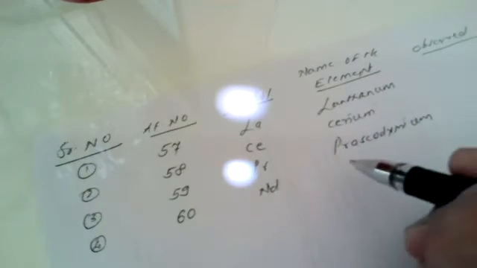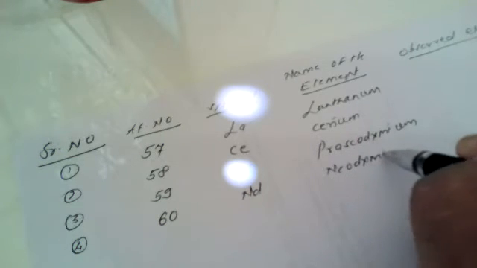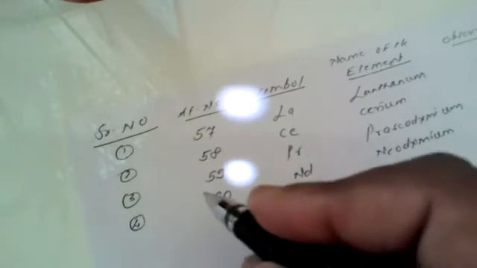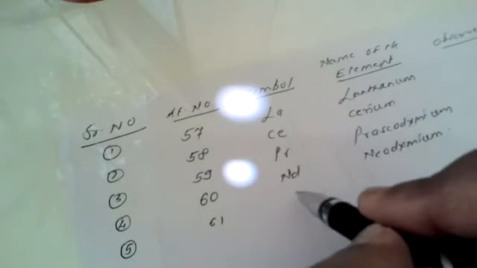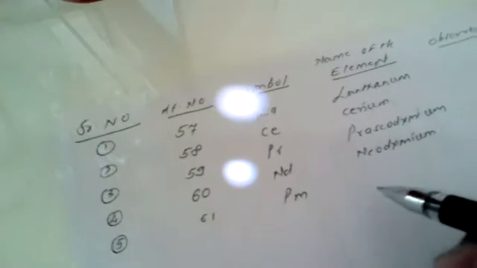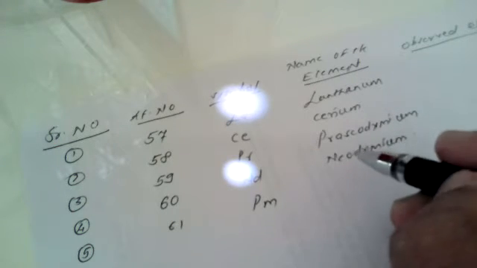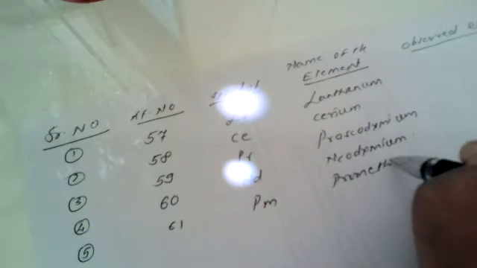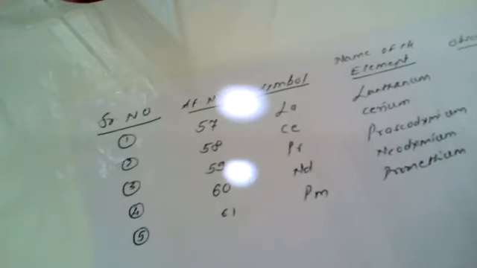Symbol is Nd. Name of the element is neodymium. Then the fifth member, atomic number 61. Symbol is Pm, P capital, M small. Name of the element is promethium.